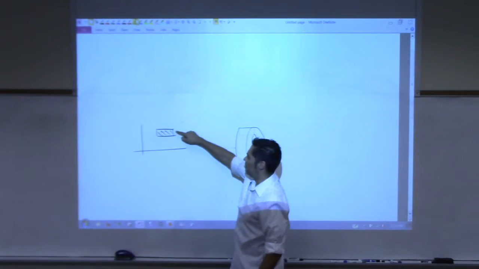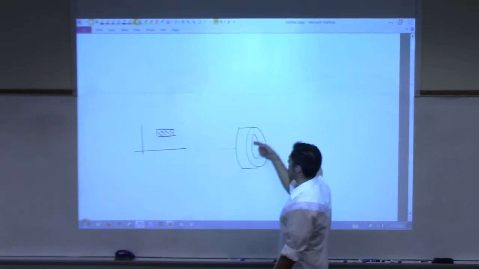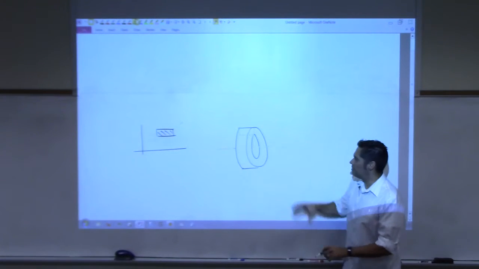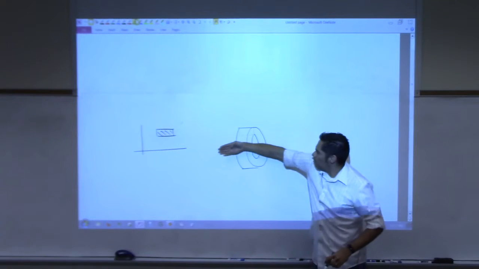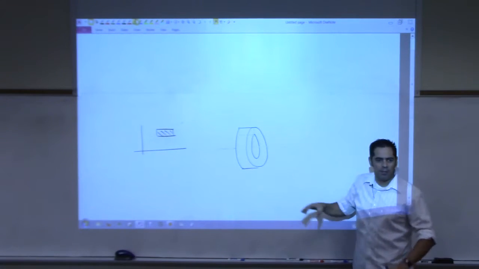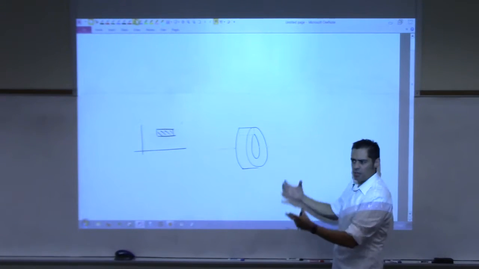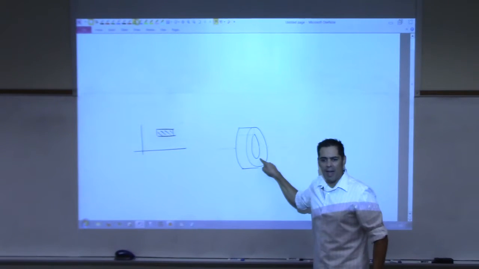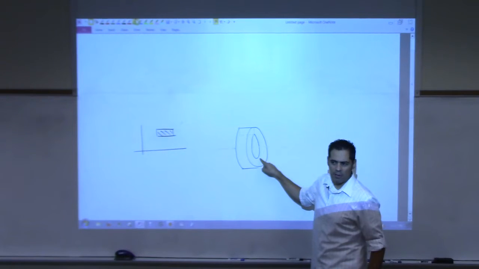There's that piece right there. If I wrap it around the x-axis, I'm going to create this three-dimensional solid. I can put my hand through the middle of it, right? It's almost like a washer, really thick washer. Agreed? Yeah? What's the volume of that? We will answer that question.